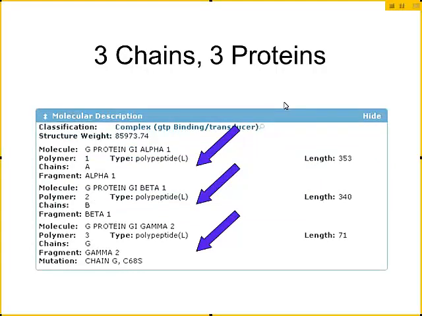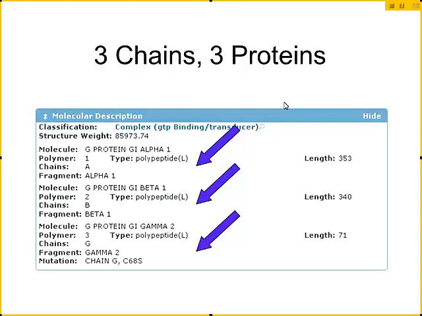This particular structure is an example of 3 chains, 3 proteins. Polymer 1 is a G alpha subunit, polymer 2 is a G beta subunit, polymer 3 is a G gamma subunit. So this is a G protein, alpha, beta, gamma, but this is a heterotrimer. The earlier example was a homotrimer. This is a heterotrimer. So each time we have chain A, chain B, and chain G. Now, the experimentalist gets to name the chain whatever they want.